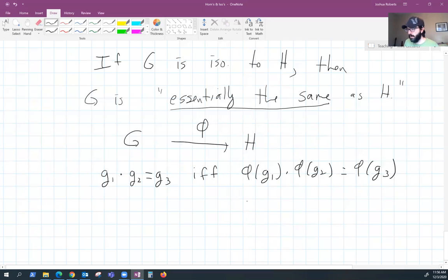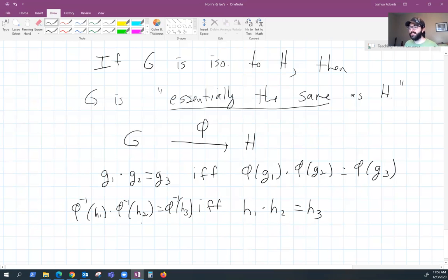Said another way, h1 times h2 is equal to h3 if and only if phi inverse of h1 times phi inverse of h2 is equal to phi inverse of h3. So the group structures are identical.